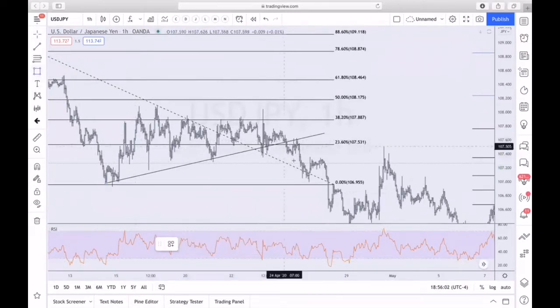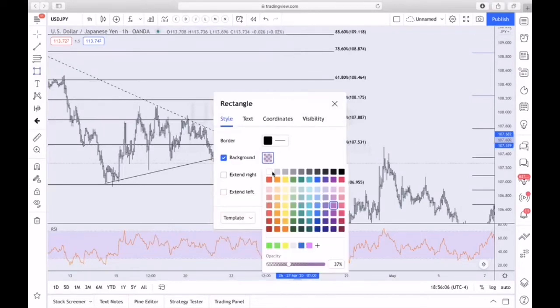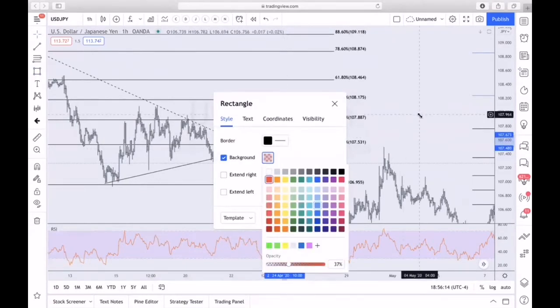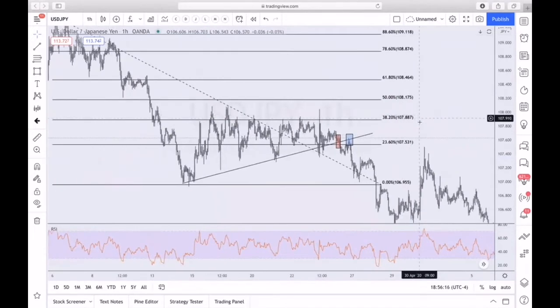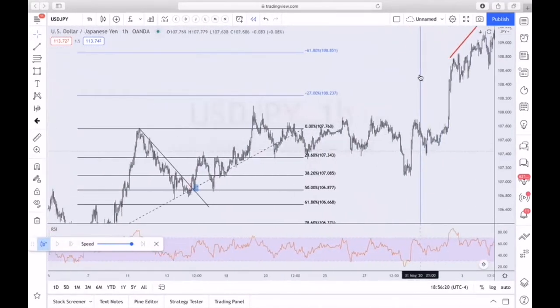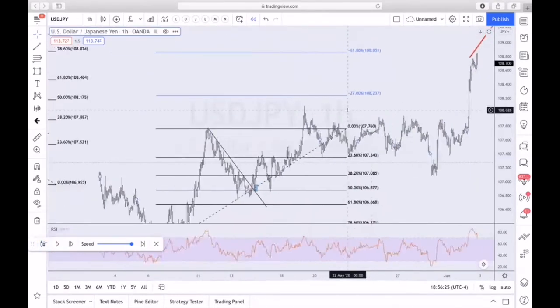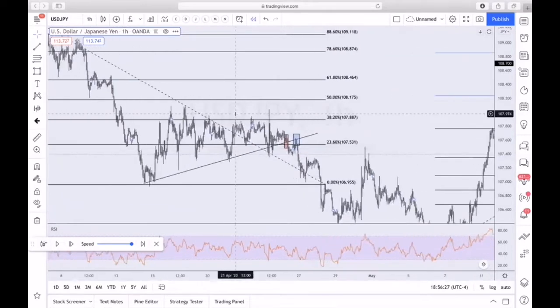So then this will end up being my red box and my blue box where I have that break and that retest. And we're on major structure right now. We're on this 1 hour time frame.